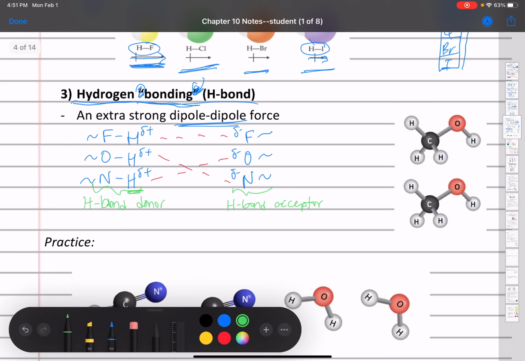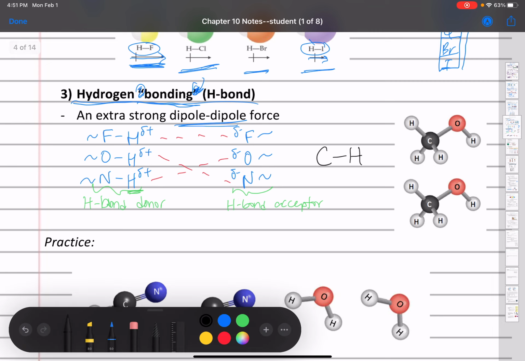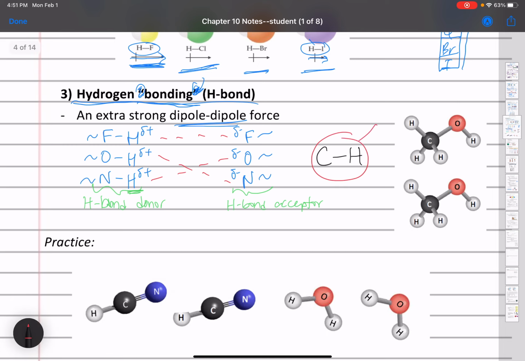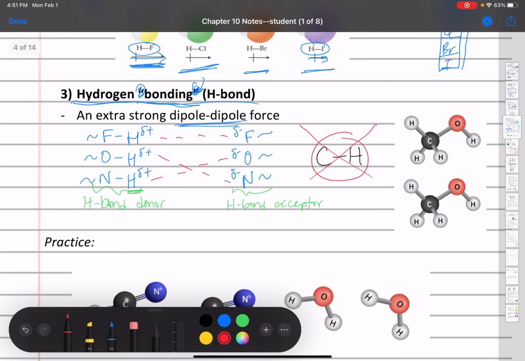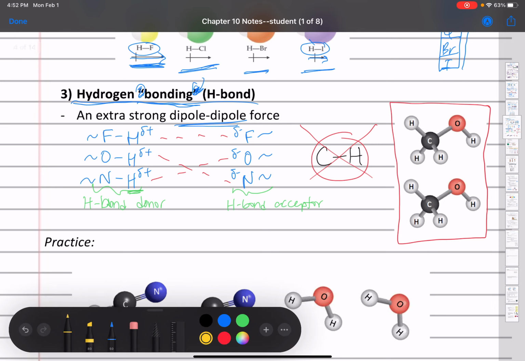All right, the key thing to remember here, the biggest mistake people make with hydrogen bonding, is this. All right, CH bond. This is a nonpolar bond, okay? Carbon-hydrogen bonds do not result in hydrogen bonding. So if we look at this picture over here, I have 2 molecules of methanol, and I'm going to draw some hydrogen bonds between them. So first, I'm going to indicate my partial charges. Carbon-hydrogen bonds are not polar, so there's no partial charges there.